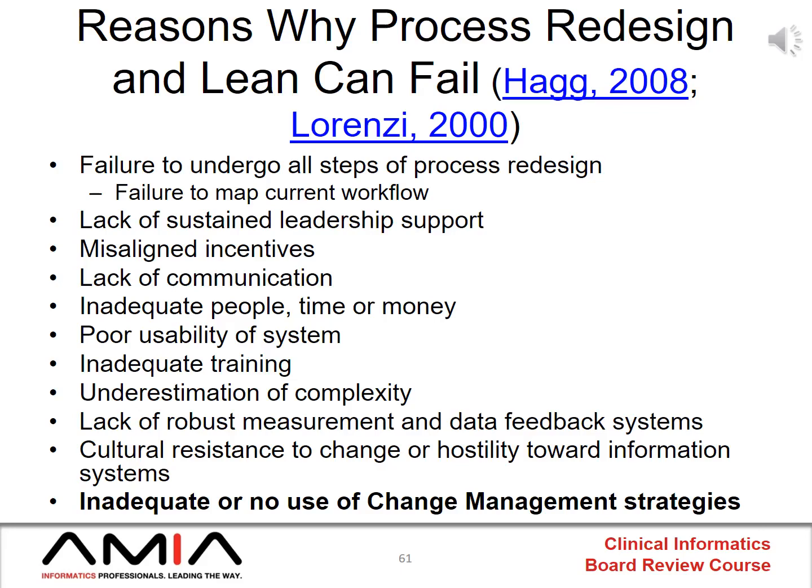This is one of the reasons why Lean really focuses on these very small iterative changes. Lack of robust measurement and data feedback systems, as we previously discussed, and then also cultural resistance to change or hostility toward information systems. I think many of us who take this particular board exam have experienced that in the past. But one of the big reasons that I want to highlight, mainly because it's a great segue into Section 4F, is inadequate or no use of good change management strategies.